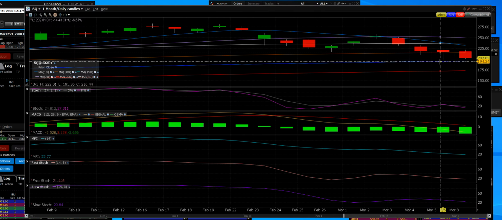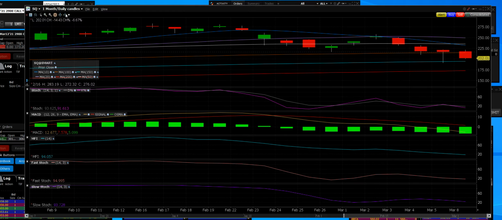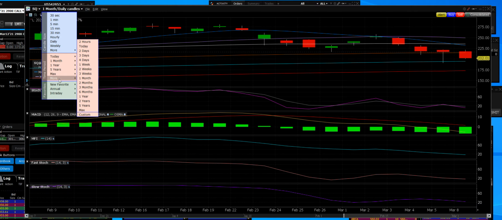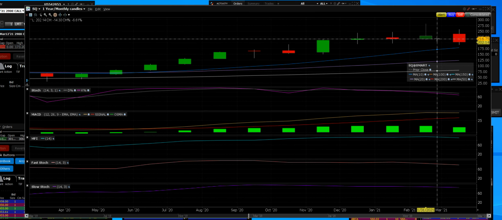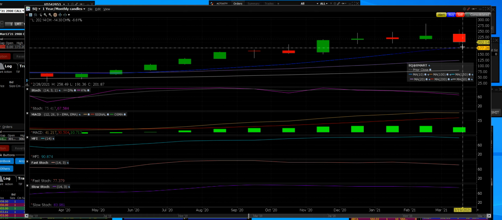That moving average right there is a 150-month moving average, which is real significant on a 1 month daily candles, that is. So if we go to, let's say, a 1 year on monthly candles, so when we take a look at 1 year on the monthly candles, this is going to be the biggest support level.